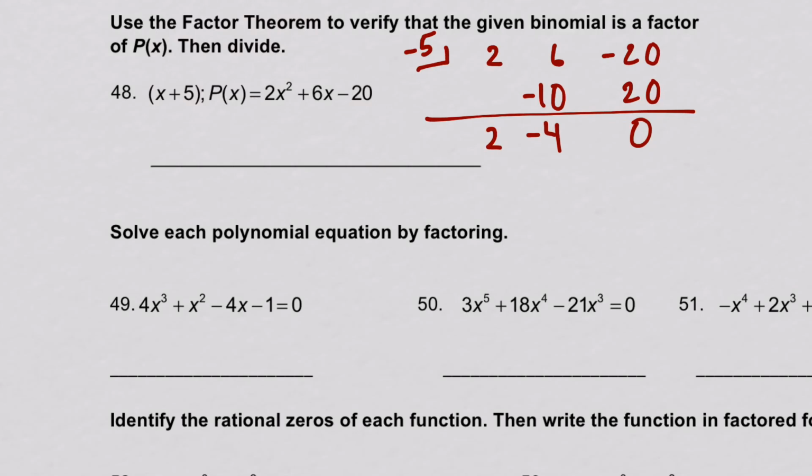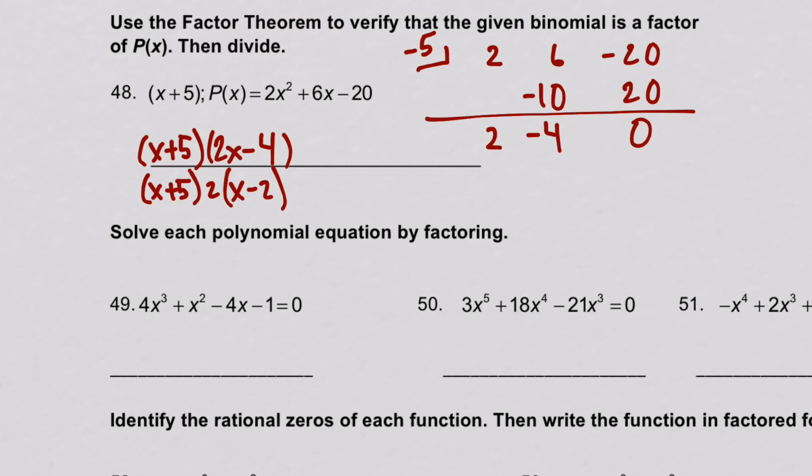What's the other factor? If x plus 5 is one of the factors, what's the other one? It's right here, right? This is the other factor, 2x minus 4. Oh, then now I understand why it says then divide, because we could still simplify this even further, right? 2x minus 4 becomes 2 times x minus 2.